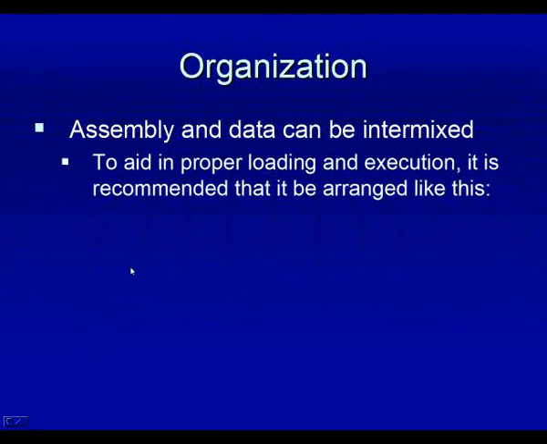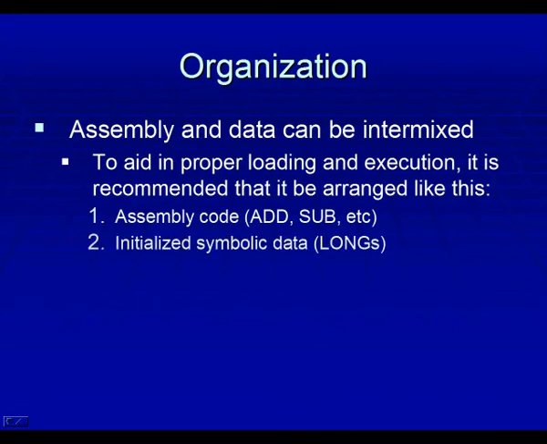Okay. One thing to point out is that, to aid in proper loading and execution, it's recommended that your assembly and data be arranged like this. First, your assembly code, all the instructions that run at runtime, followed by any initialized symbolic data like the A mask, B mask that I just showed, and then followed by any reserved symbolic memory. That's memory that's not initialized but is pointed to by a symbol that your assembly routine can use.